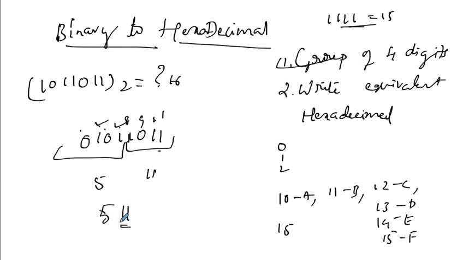So we do not write it like this; we write 5, and 11 means B. 5B.